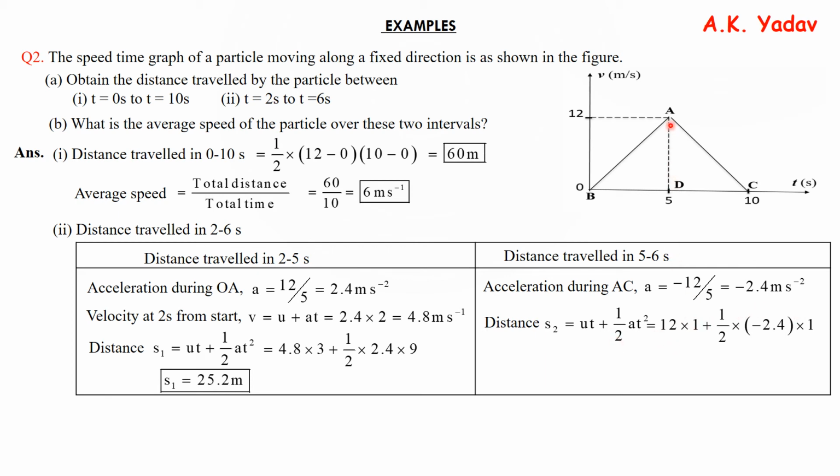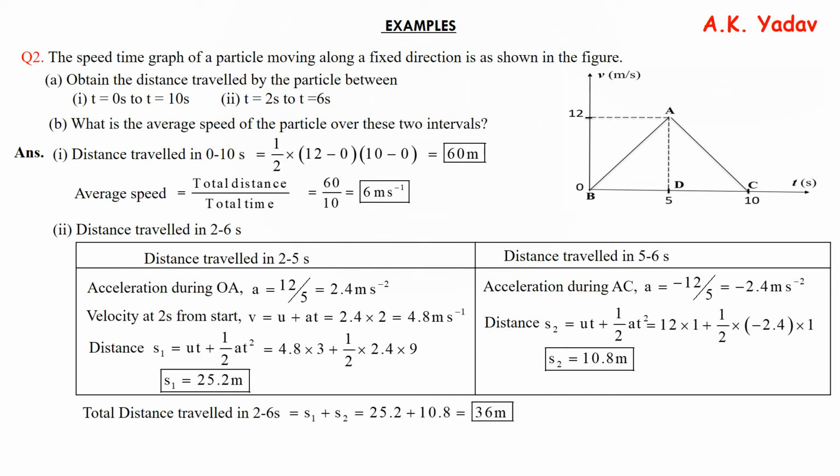The velocity initially is 12 here because it is moving, so 12 into 1 plus half into minus 2.4 into 1, that gives S2 equal to 10.8 meter. So what is the total distance traveled in 2 to 6 seconds? That is equal to S1 plus S2, that is 25.2 plus 10.8, that gives 36 meter. Average speed is total distance upon total time, that is 36 by 4, that is equal to 9 meter per second.